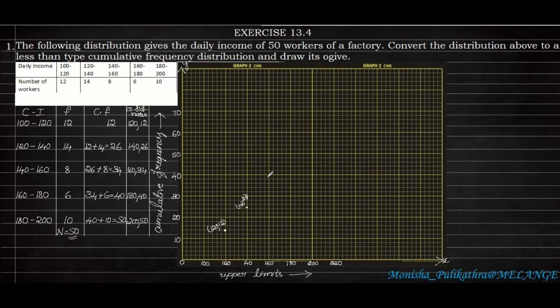Each line signifies 2 units, so 2, 4, 6, 8, 10. So 34 means here it is 32 and this is 34. So 160 comma 34. Next is 180 comma 40, we can directly plot it here. So 180 comma 40. The last one is 200 comma 50.